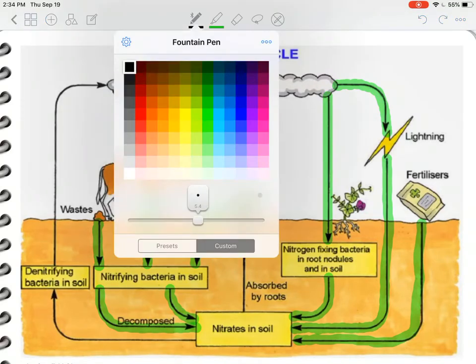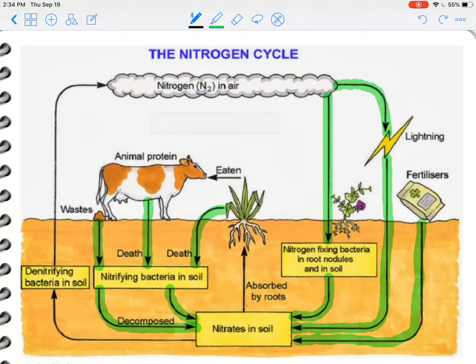So let's just number them so we can read them. Number 1 is lightning. When lightning occurs, that is putting nitrates in the soil. Another way is by fertilizers. If you grew up on a farm, you probably have seen fertilizers that contain nitrogen.